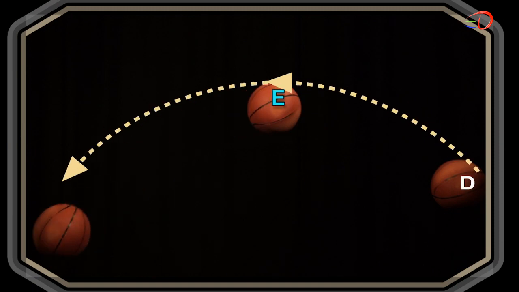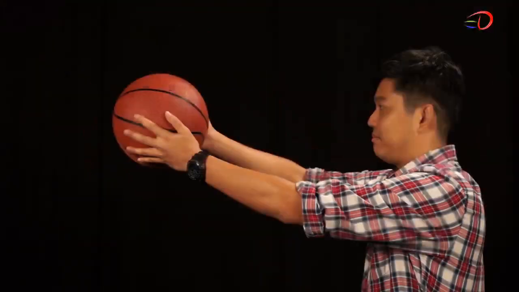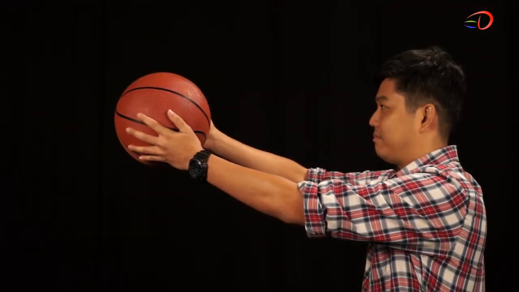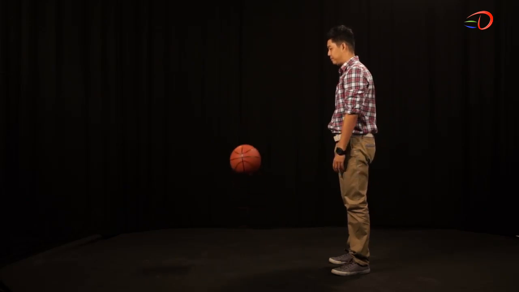Let's take a closer look in slow motion. What causes the ball to move downwards from E to F? Again, it is the gravitational force acting on the ball. If the ball is released from here, what will you observe about the height of the ball when it next bounces?